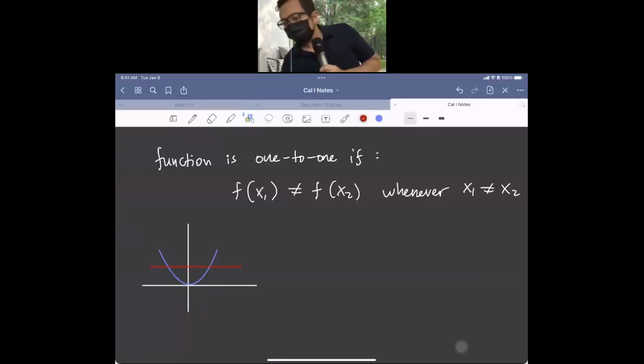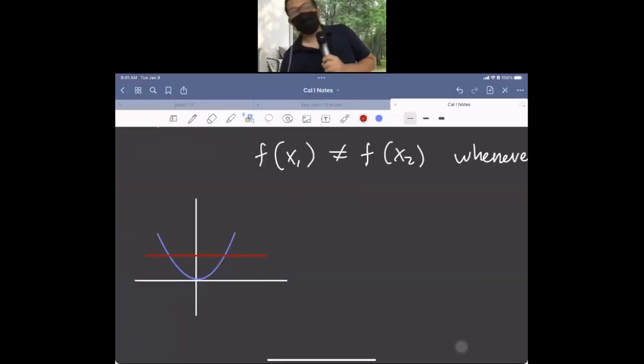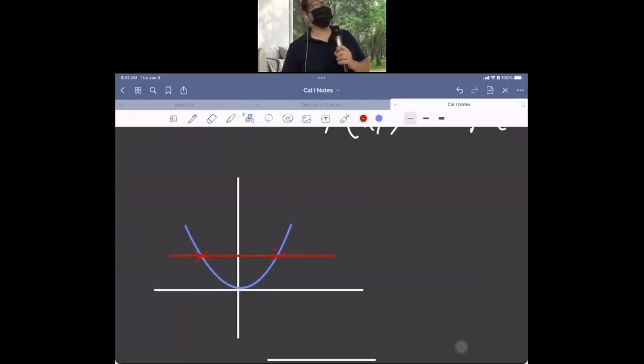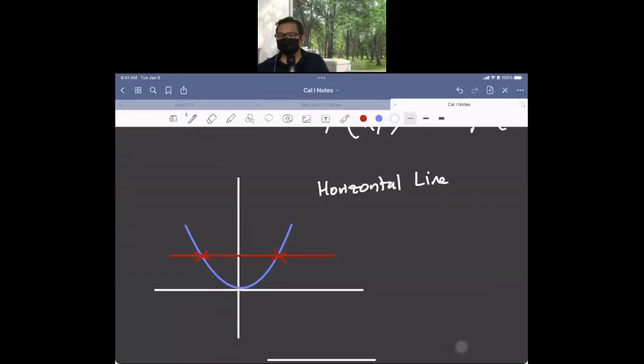So if we try to make the line here, you see that it's crossing these two, right? It's crossing these 2 points, which means it's not one-to-one. Okay, so this is one way to check the one-to-one function. We call this the horizontal test or horizontal line test.